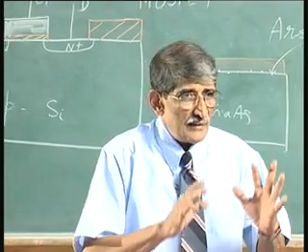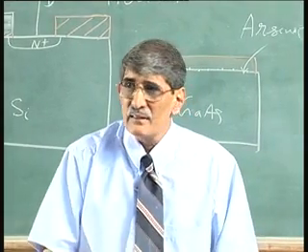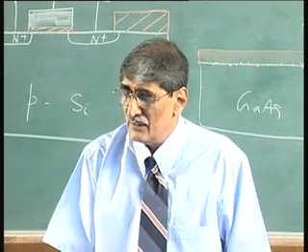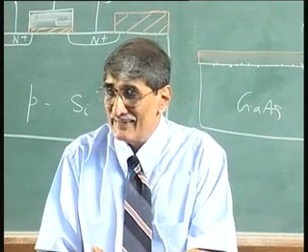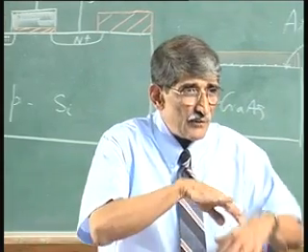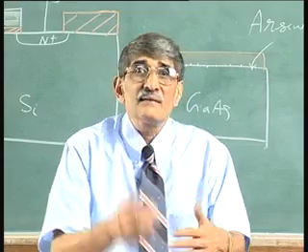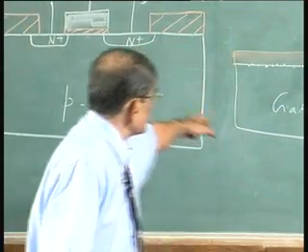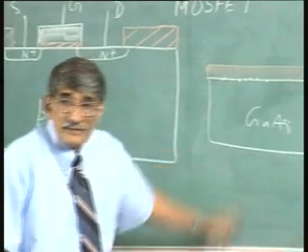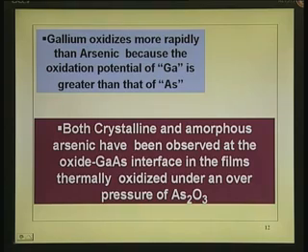Therefore, its ability to oxidize is better compared to the ability to oxidize arsenic. So, if you have gallium arsenide and gallium oxidizes, arsenic does not oxidize, what are you left with? Arsenic. That is the arsenic that you see here, and that is the arsenic that you get at the interface.